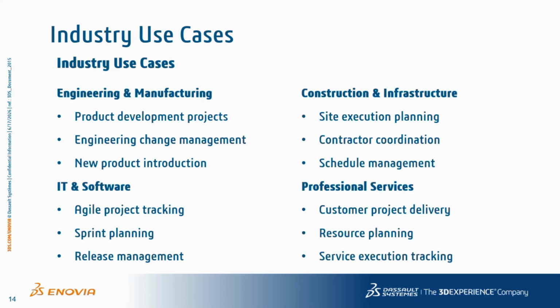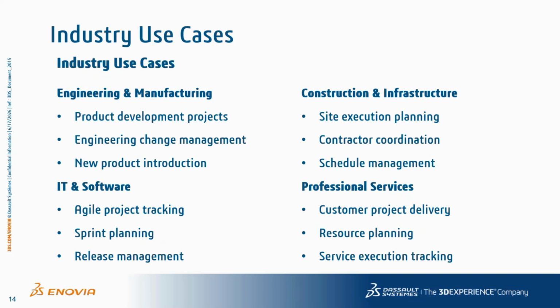Then you have these industry use cases. For engineering and manufacturing: product development projects, engineering change management, NPI projects, new product introduction projects. All these projects can be executed using this project planner tool.